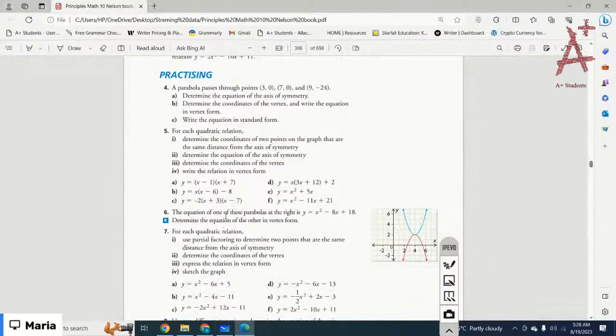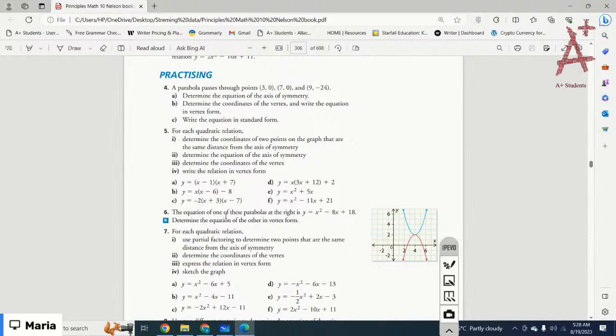We'll start with question number 5. For each quadratic relation, determine the coordinates of 2 points on the graph that are the same distance from the axis of symmetry. Determine the equation of axis of symmetry.